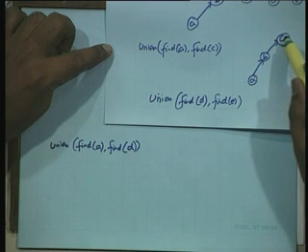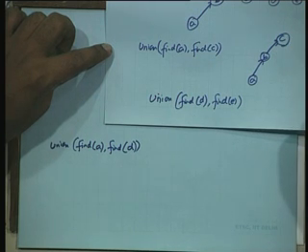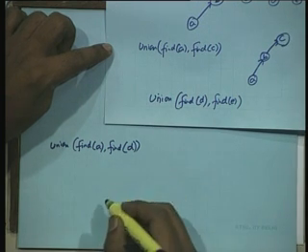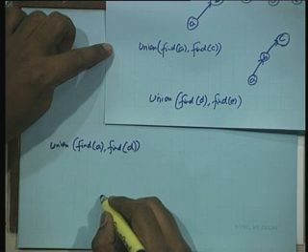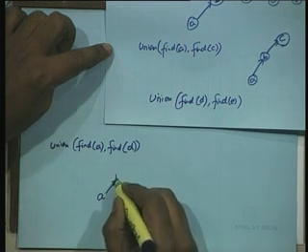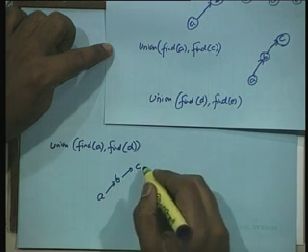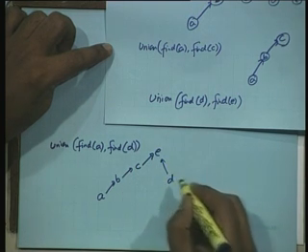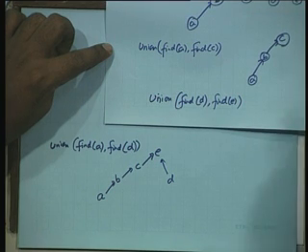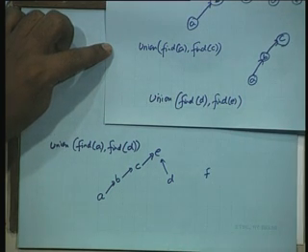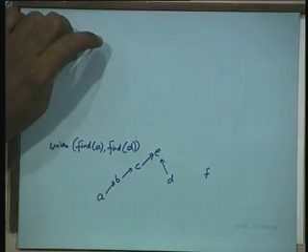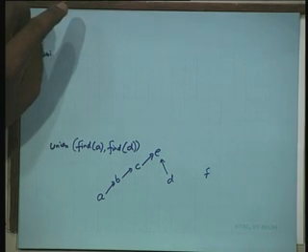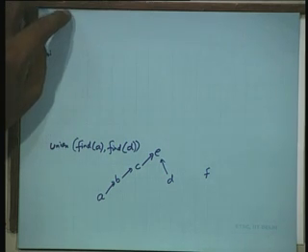It returns a pointer to C, and find D returns a pointer to E. I need to link up these two roots. So I can make C point to E or E point to C, whichever I please. Let us say I decide to make C point to E. This is what I would get then, and of course, F would be sitting on its own. Everyone understands what the procedure is.